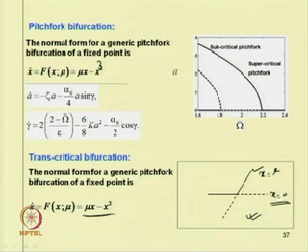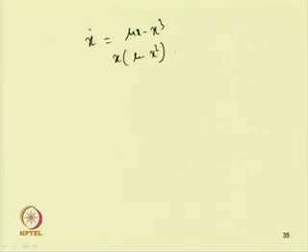So, in case of the Pitchfork bifurcation, mu x minus x cube will be equal to 0. So, x dot equal to mu x minus x cube. Taking x common, we have mu minus x square equal to 0, or x equal to 0, which is the trivial state response.